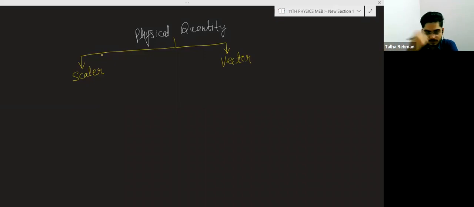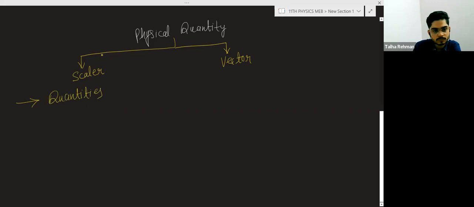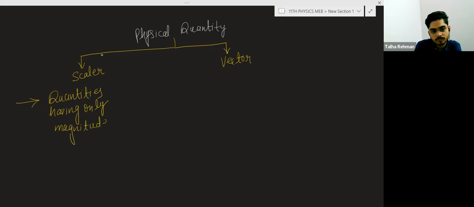So for the scalars, these are the quantities having only magnitude, no direction. Only magnitude means they have the numerical value only, like 2, 3, 4, 5.